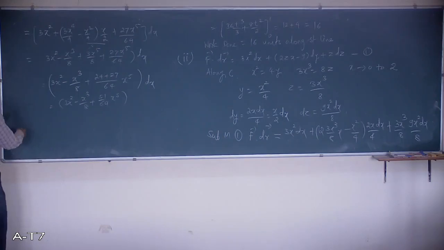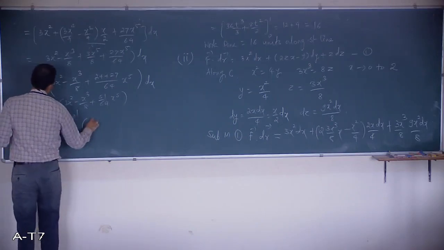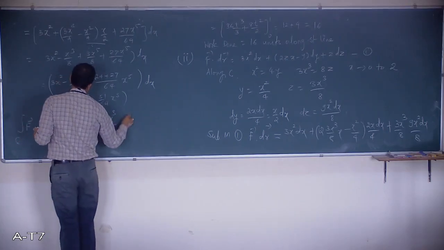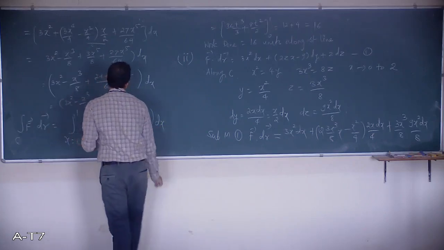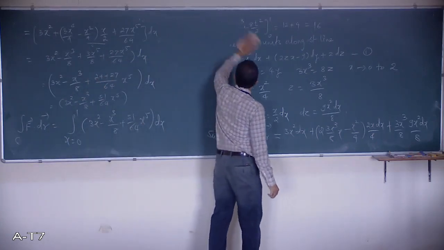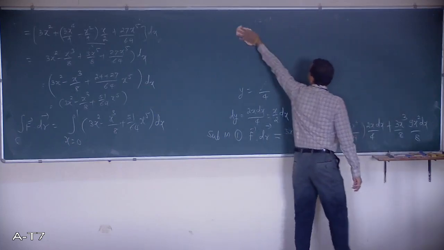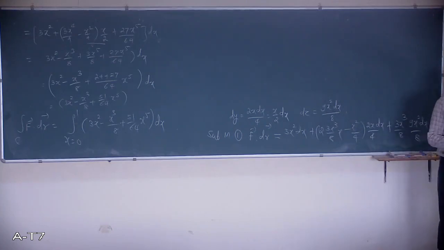So this integral of F·dr along that second curve, x from 0 to 1 now, is 3x² minus x³/8 plus 51x⁵/64 dx. So please work out quickly, integrate, simplify. Just see what is the answer in the end.